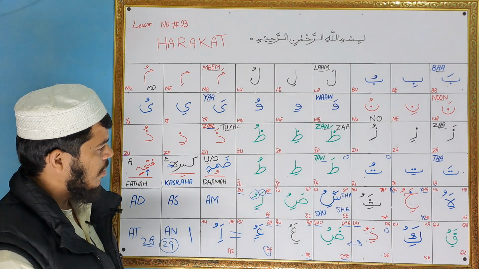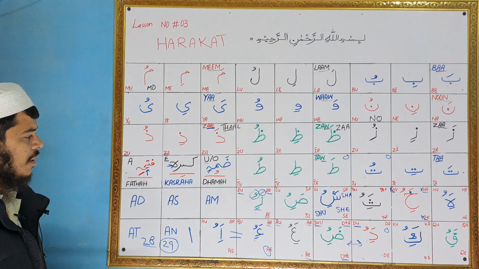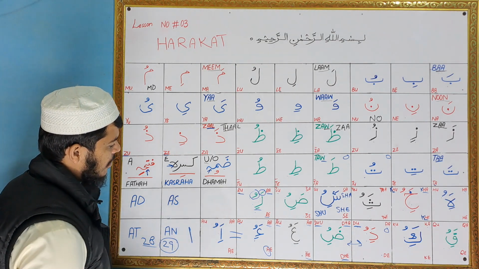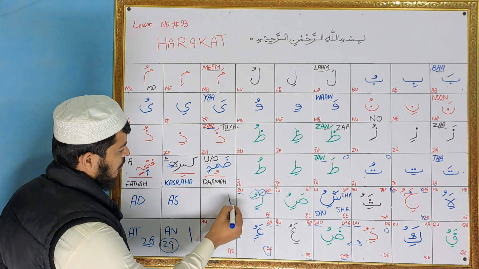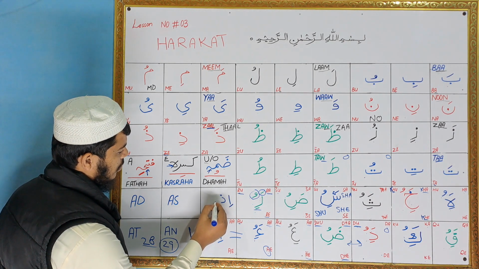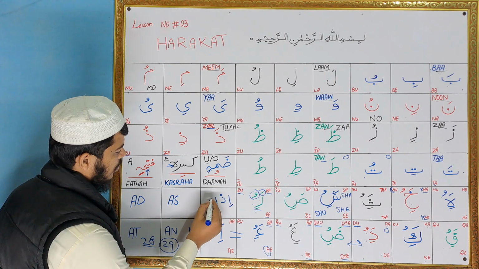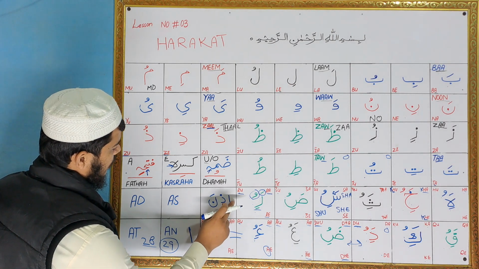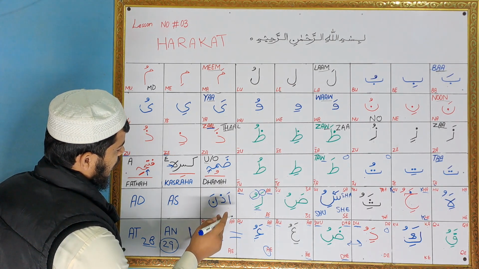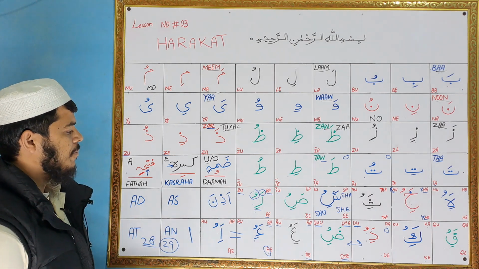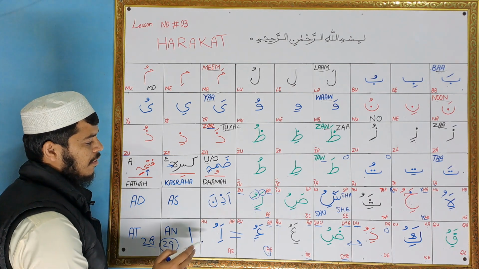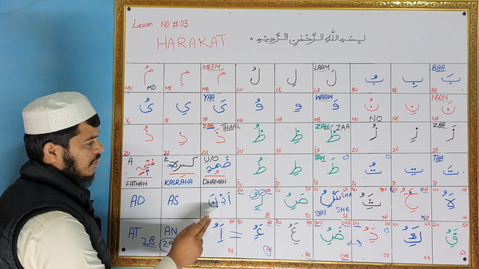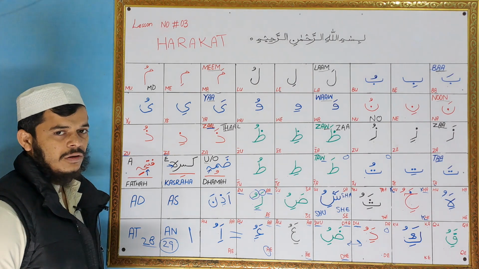Yes, I hope now we have discussed all the letters, and let's practice some examples. Like there is a word, okay, so alif with fatha will sound a, zal kasra will sound zi, noon fatha will sound na.